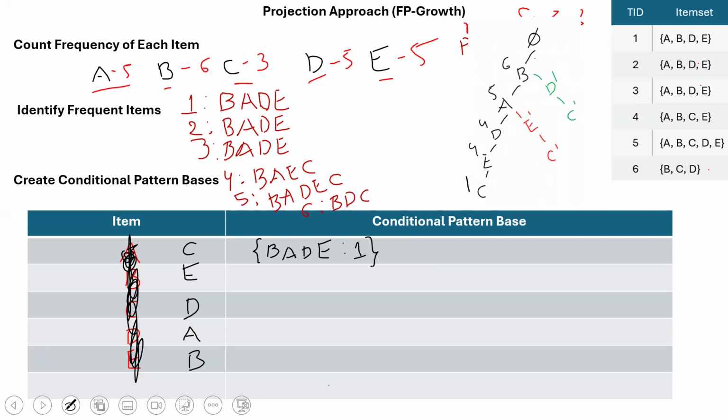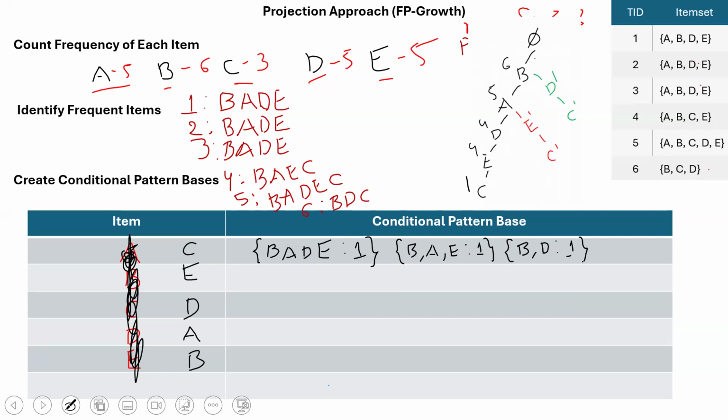What is the other way? B, A, E, the support is 1. Here is also another way, B, D, and that is also 1. So these paths are ending at C.